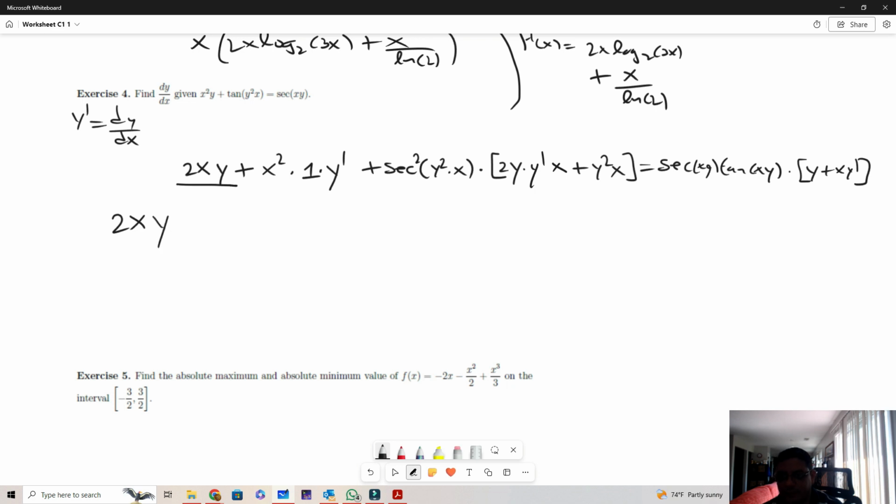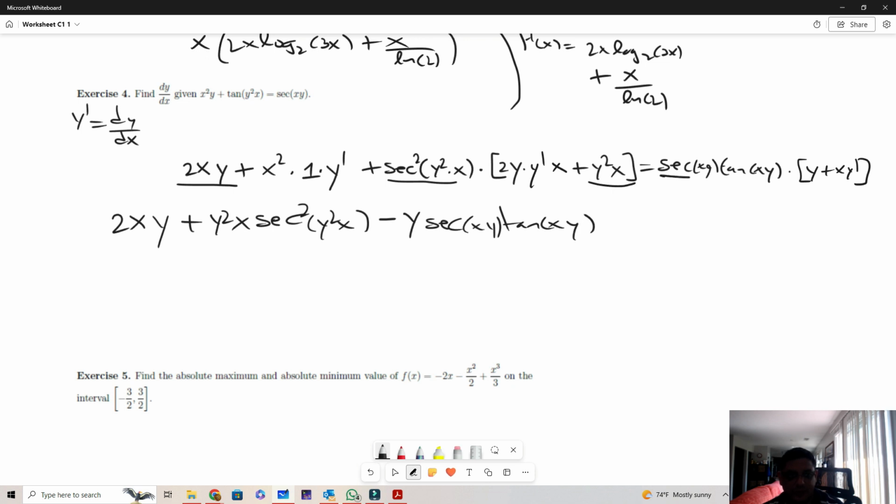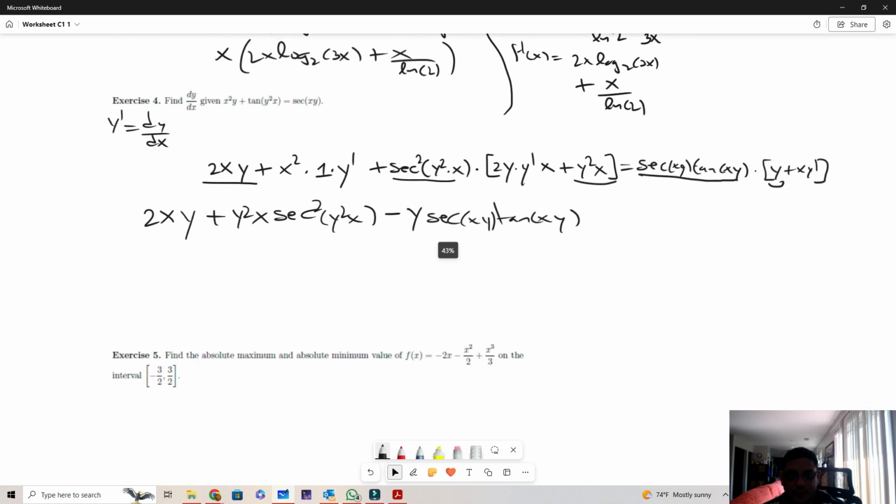So 2xy, and now this secant squared with this y squared x, so plus y squared secant squared of y squared x, and then minus y secant of xy tangent of xy. Notice that I'm getting this piece with this. And now that's the part without y prime.